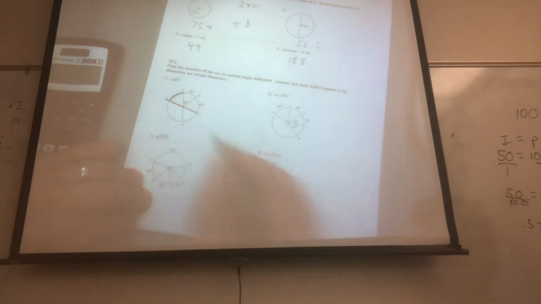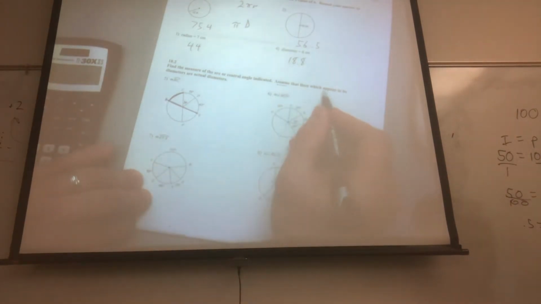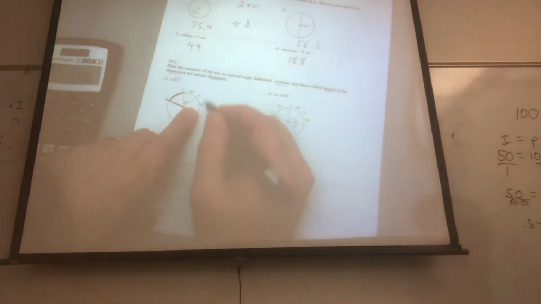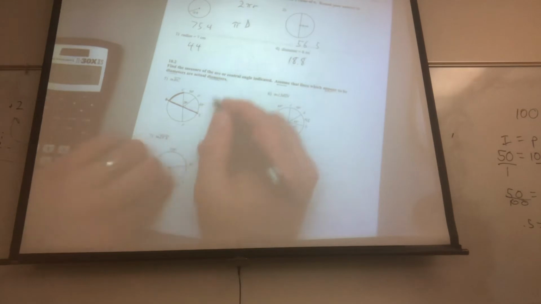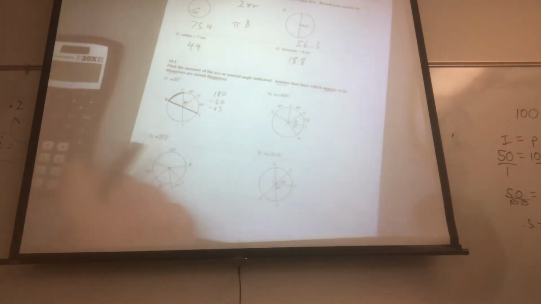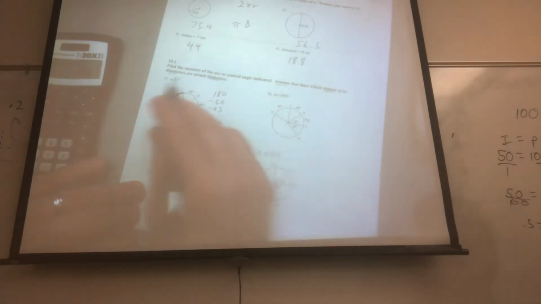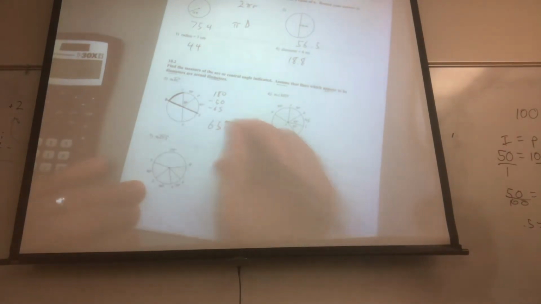That's what it says: assume that lines which appear to be diameters are actual diameters. So this is 180. This is 50. This is 65. So we do 180 minus 50 minus 65, and that's going to give us 65. Okay, so arc BC is 65 degrees.